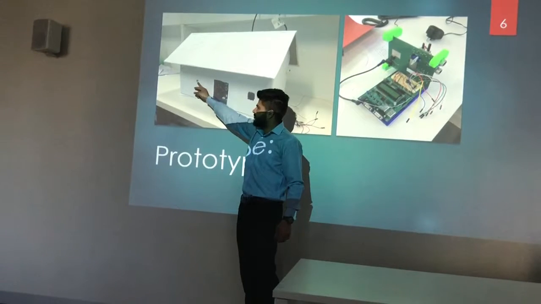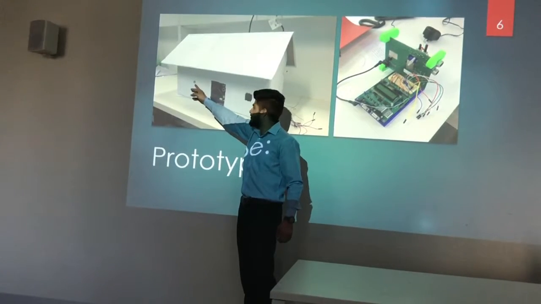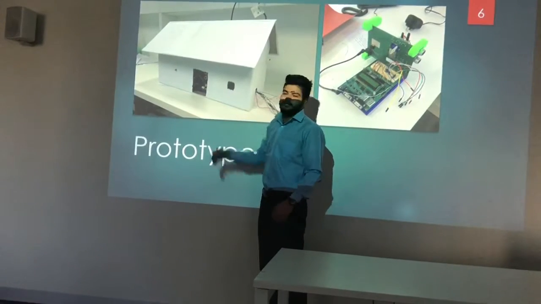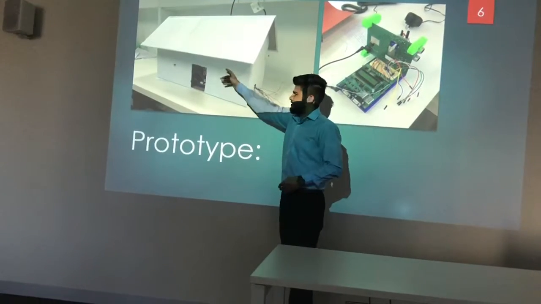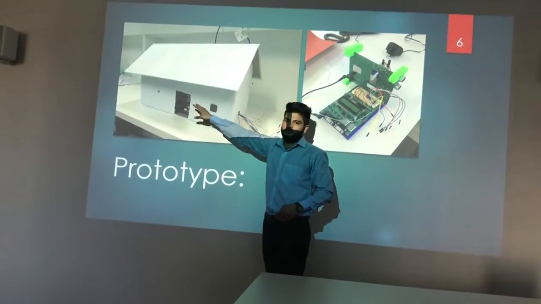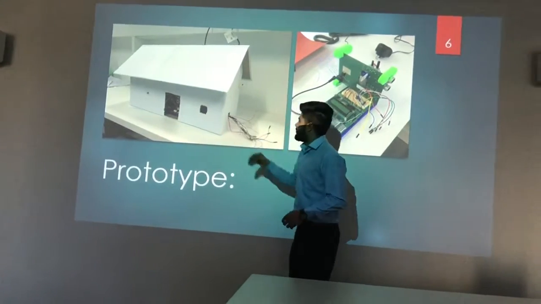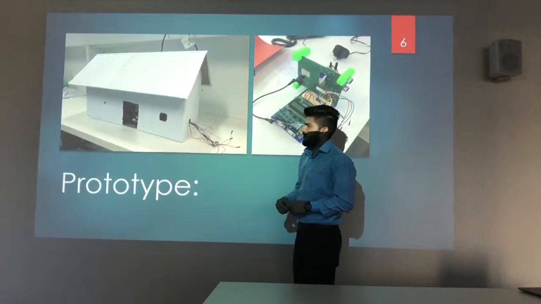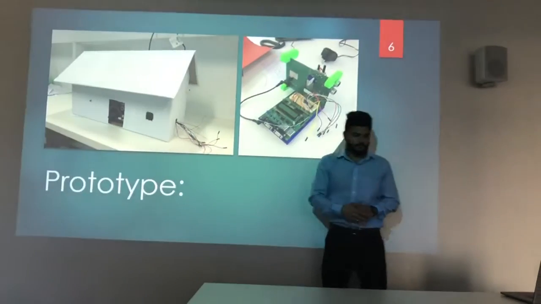And here is an LED bulb which is for the heater, and there is one bulb which I put inside the house for the light. The PIR sensor is inside only, so it can sense if any object goes inside the house. And here are the wires coming out from the house which I interfaced inside only.